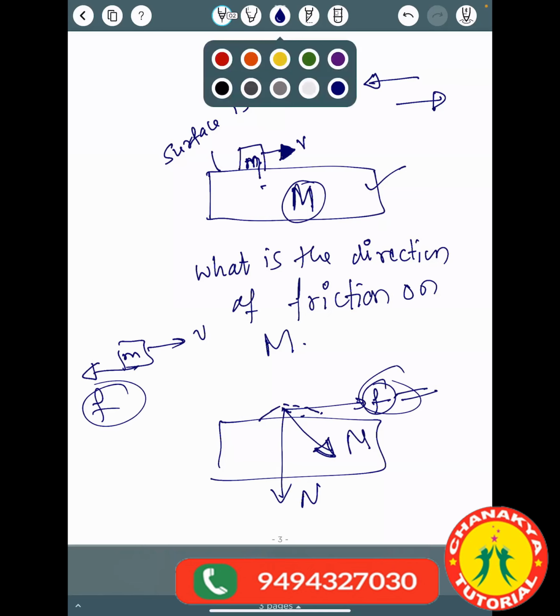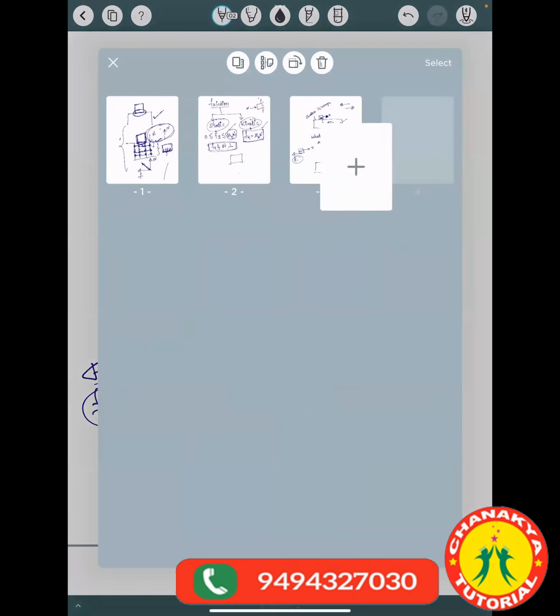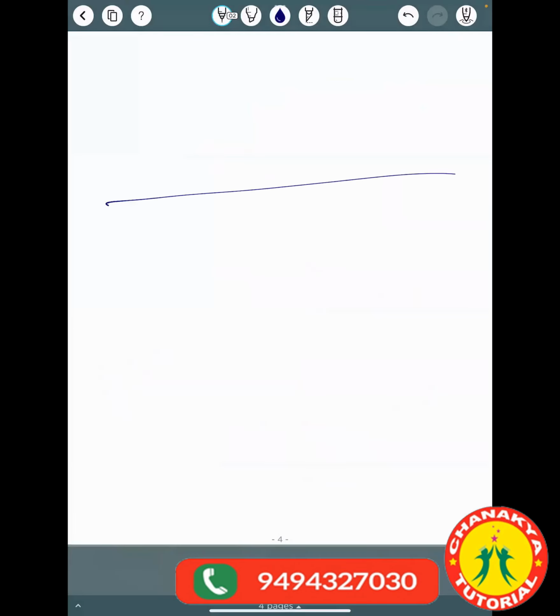One more example: let's say you are walking on the ground. Not good at drawing. Something like this.